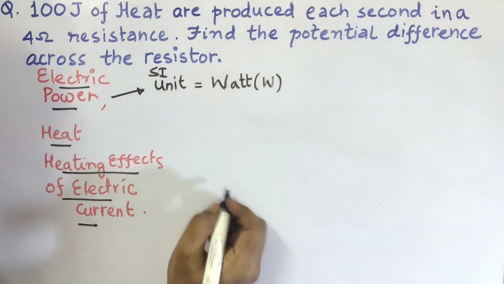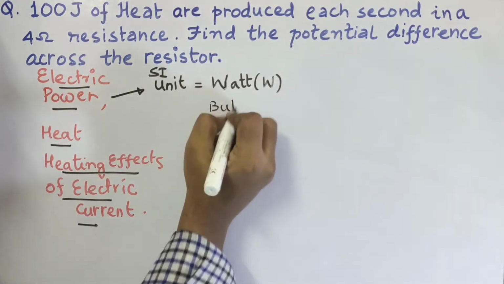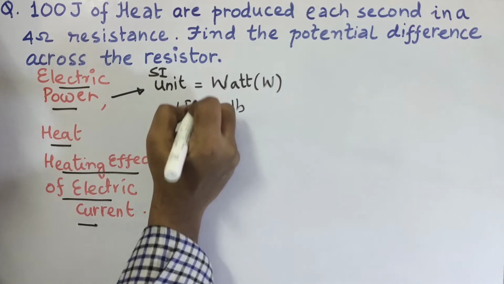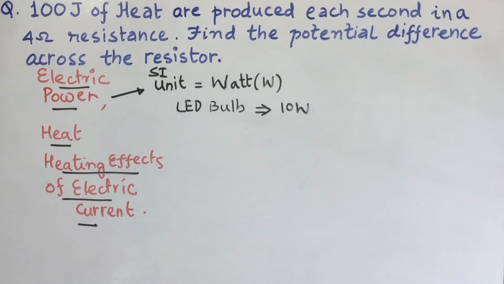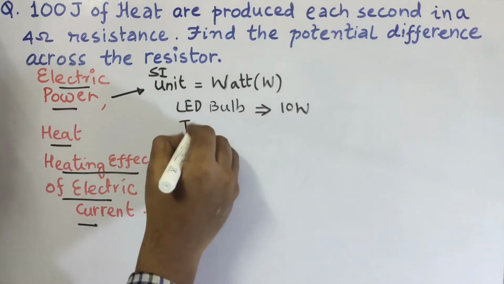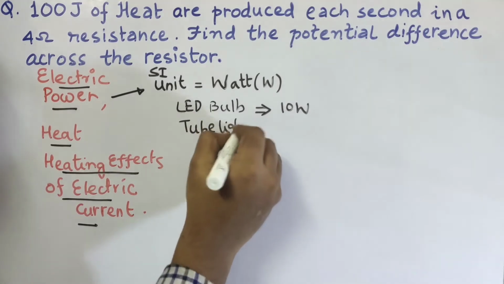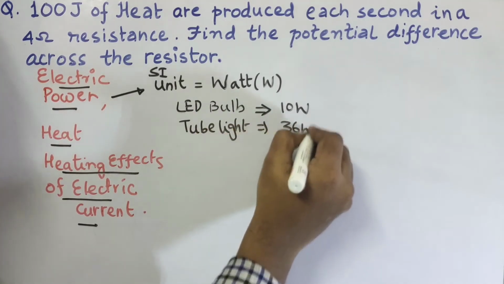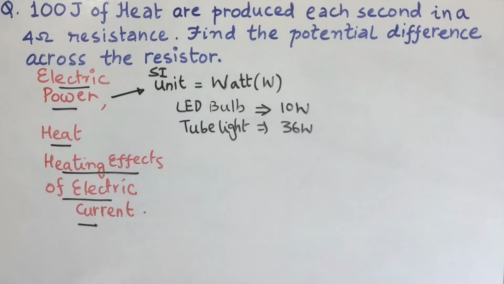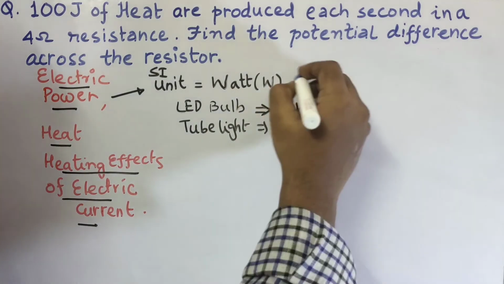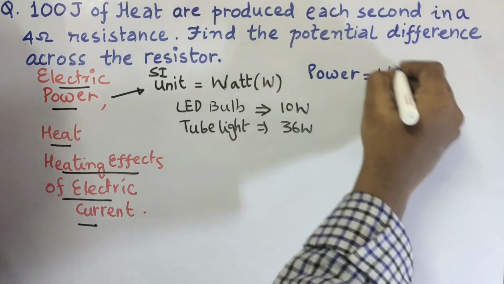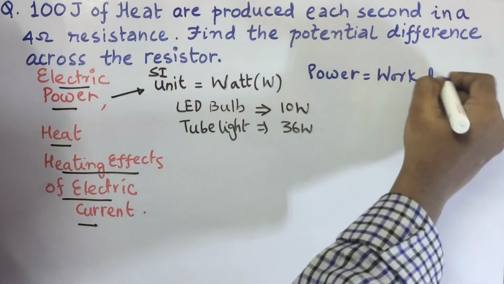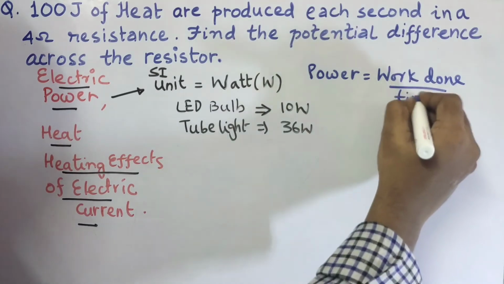So we have seen two appliances. One is an LED bulb, whose power rating is 10 watt, and a tube light whose power rating is 36 watt. What does this mean? What does power actually mean? According to the definition, power is the amount of work done in unit time.